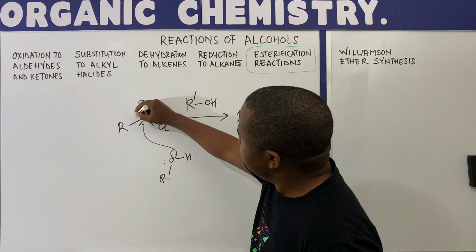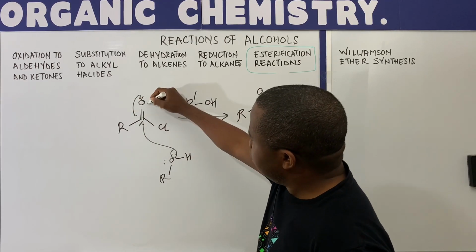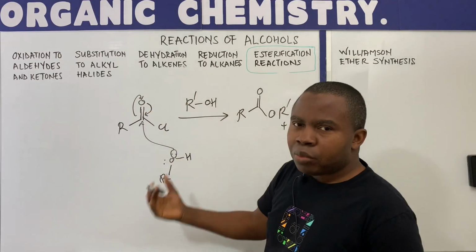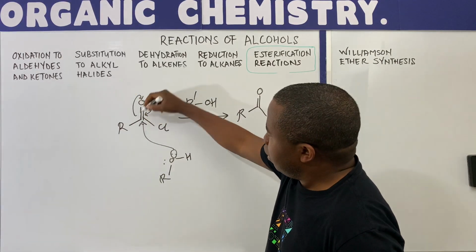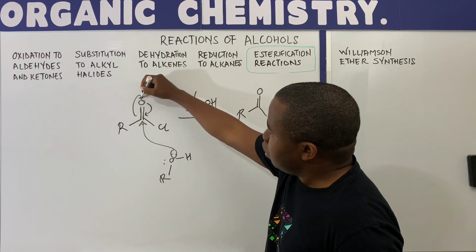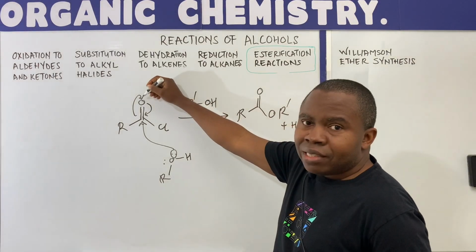a nucleophilic attack, and I can just move it back to this place, but that's not the right way to do it. We are supposed to do it in steps, so that this goes like this, and the electron goes on the oxygen and stays there as an intermediate.